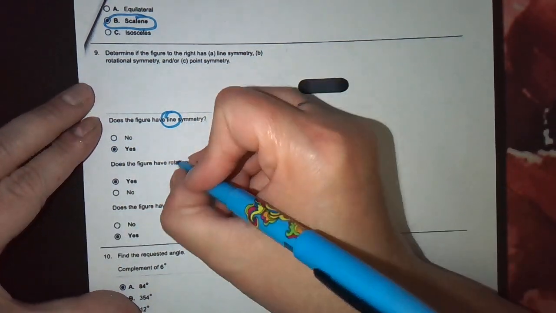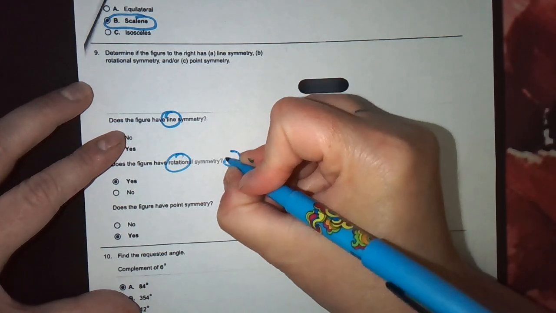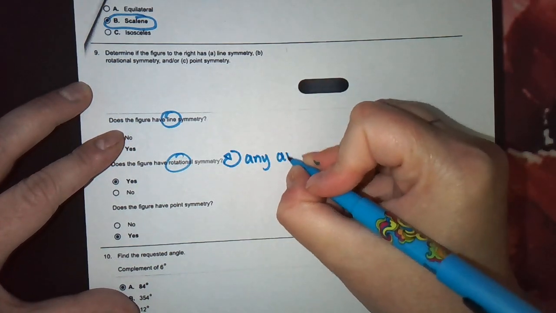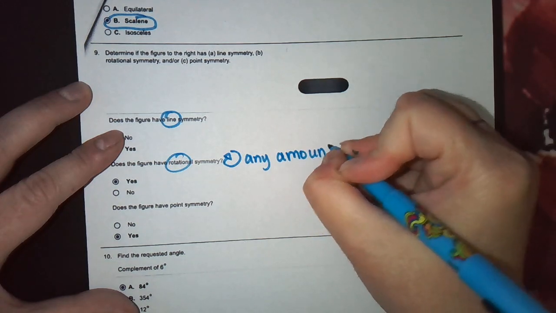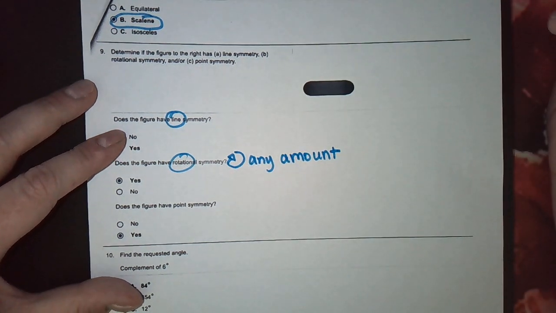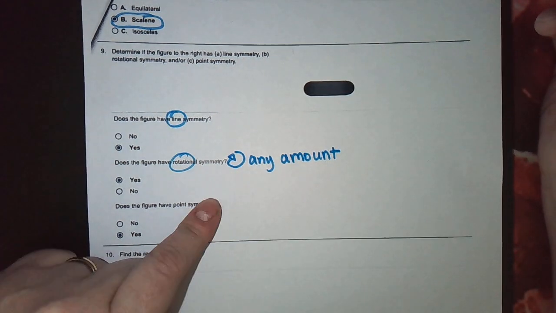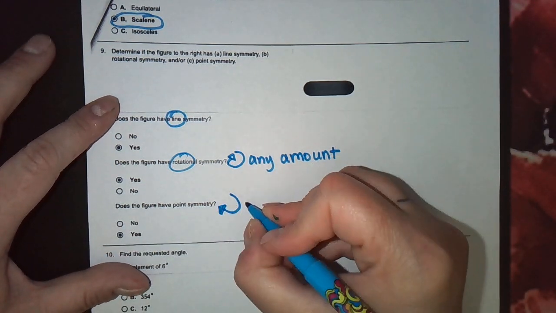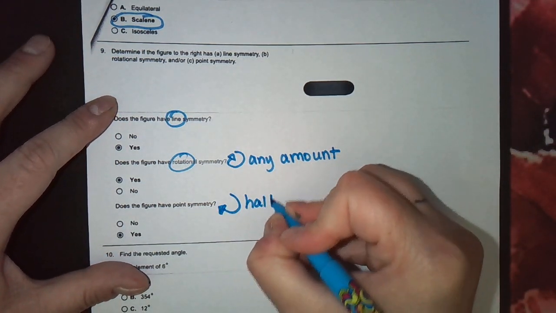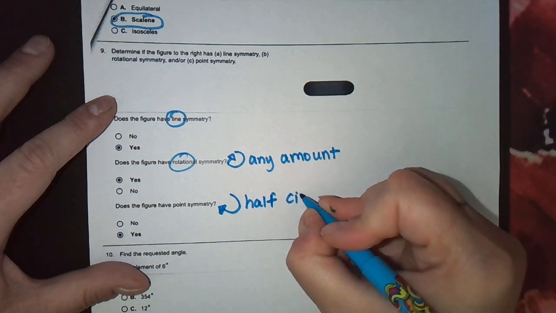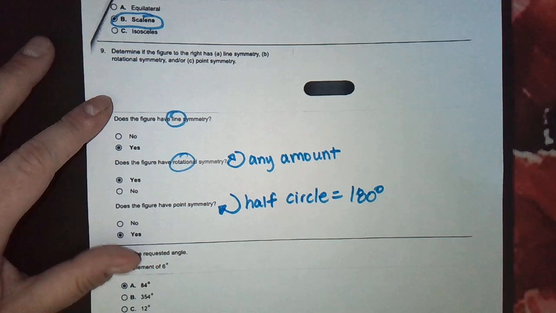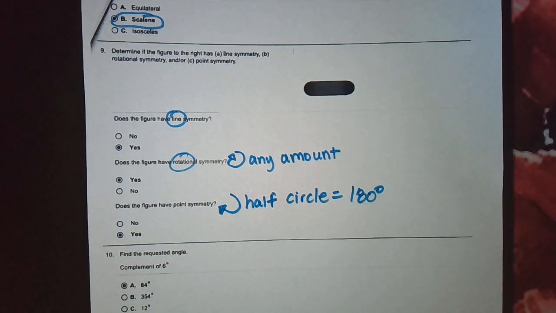Rotational means you can turn it any amount and you have the same picture. Point symmetry means you can only turn it half a circle, or 180 degrees, and you get the same picture.